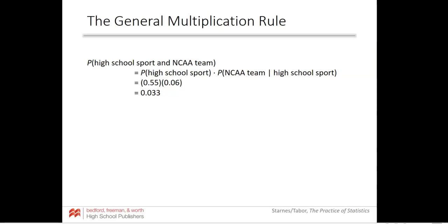It's called the general multiplication rule, and it makes sense. Of those 55% of folks who play high school sports, only 6% of those, so you multiply by 0.06, and you get about a 3.3% chance of playing a college sport if you played a high school sport of some kind.